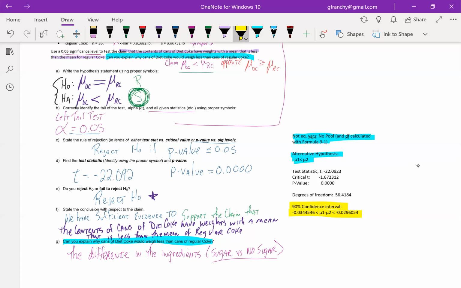So these are strictly showing up as negative, and negative is only going to happen if the first one was less than the second one. So this is telling us exactly the same thing that we concluded running through the hypothesis test process.